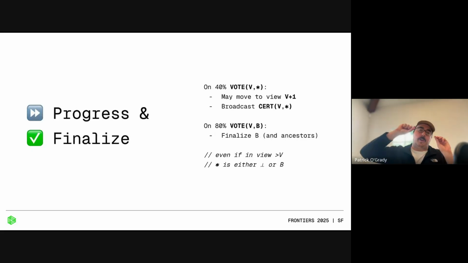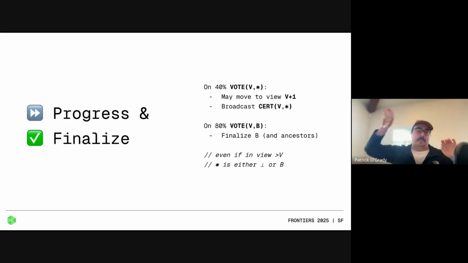Once you see 40% of votes for some B, we allow you to move to V+1 with what we call an M-notarization. You'll then broadcast the certificate representing basically 40% of votes for that value.